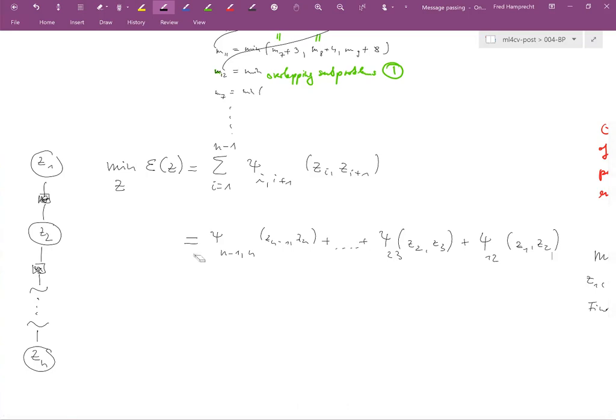And we want to minimize over all of these.